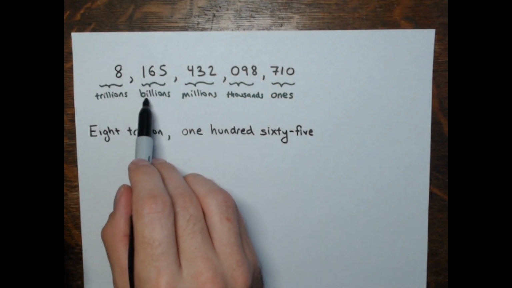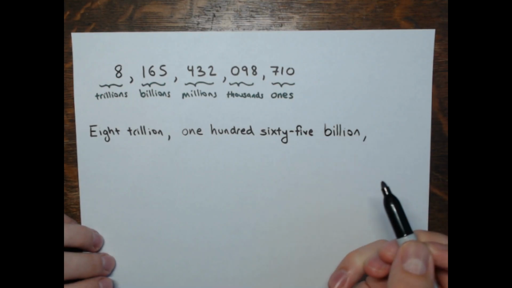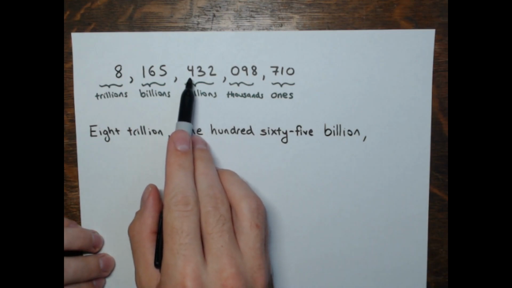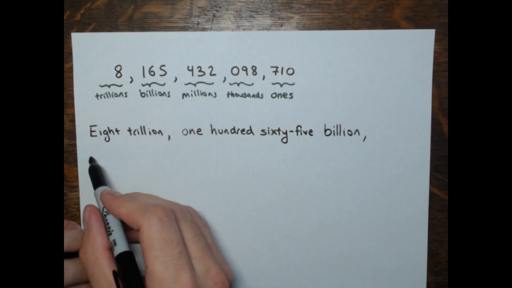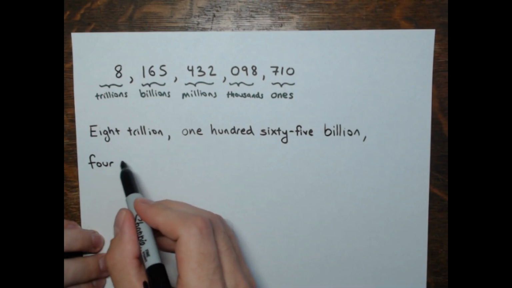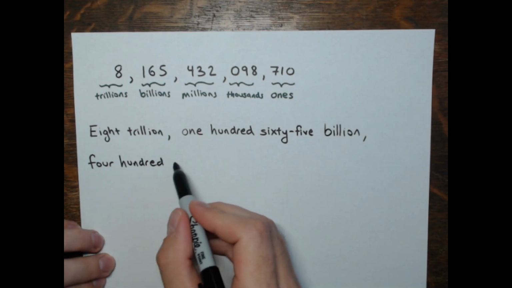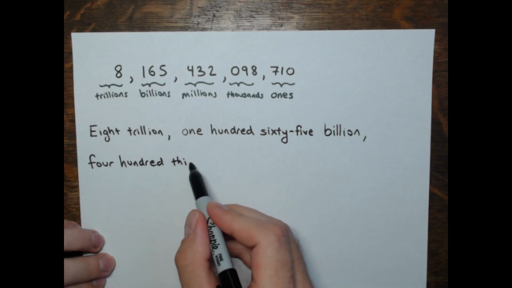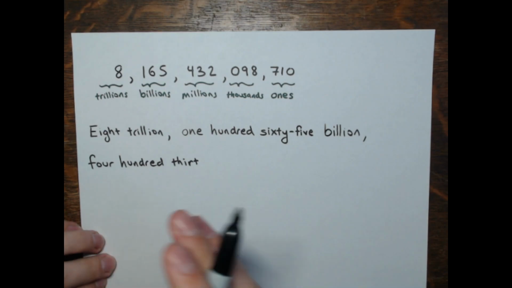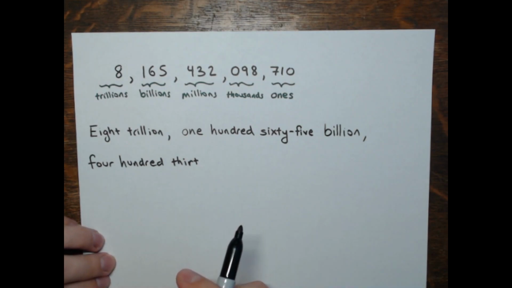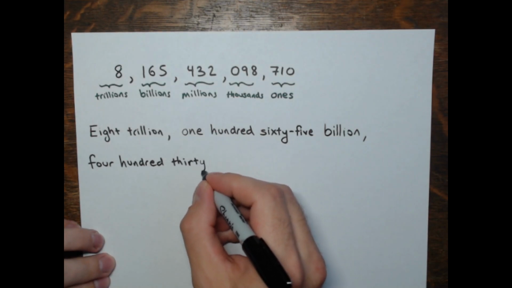So this is 165 billion, comma, 432 million. 400, and again, a two-digit number between 21 and 99 usually has a hyphen.